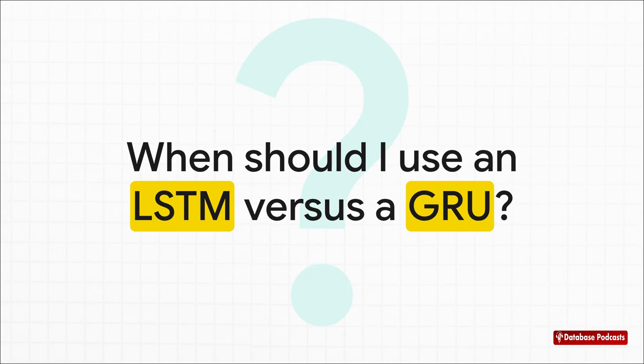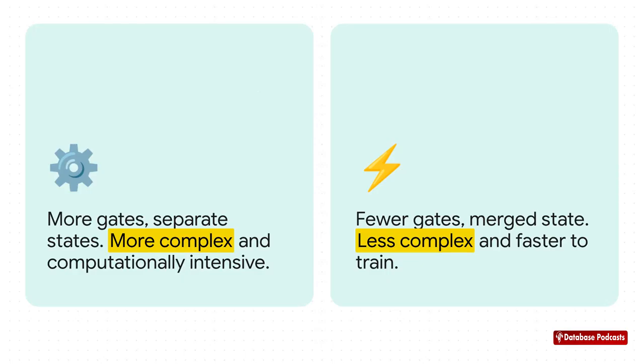Okay, so if the GRU is simpler and more efficient, that leads to probably the most important practical question you're going to have. For my project, when should I use an LSTM, and when is a GRU the right call? If we look at the trade-offs in their architecture, the difference becomes pretty clear. An LSTM just has more moving parts, all these different gates, separate states, which makes it more complex.